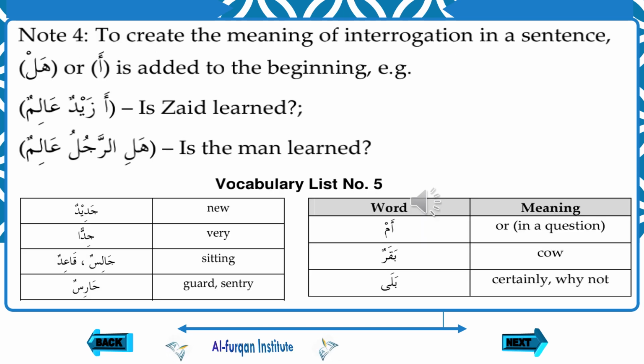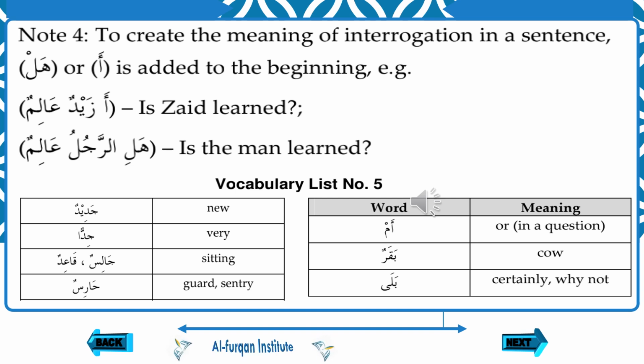So note 4, to create the meaning of interrogation in a sentence, that is question, hal or hamza fatah is added to the beginning, e.g. Azaidun alimun. So is Zaid learned?